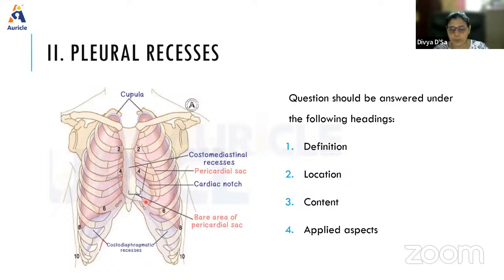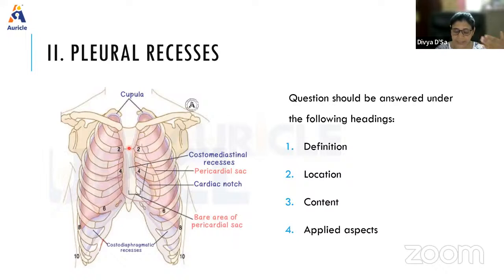So we have 2 pleural recesses mainly, which are the costodiaphragmatic recess and the costomediastinal recess. In addition to this, there are very small recesses. One is the right and left retroesophageal recess, because the esophagus occupies the superior mediastinum as well as the posterior mediastinum, right?